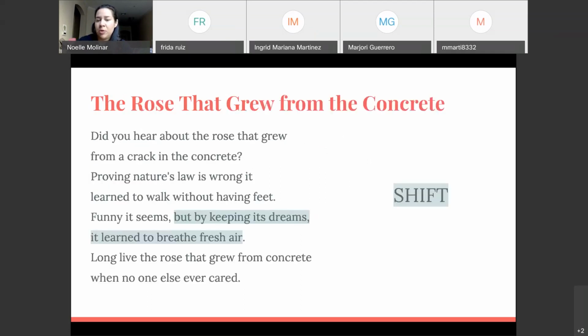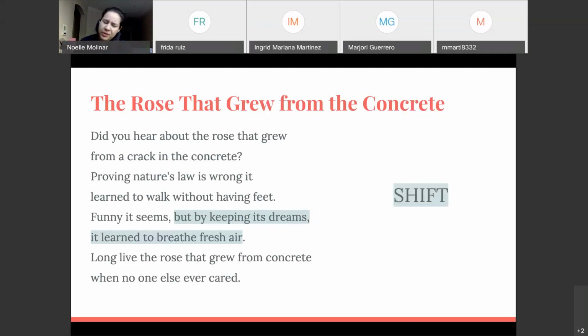And so here in this poem, we do have a shift. It happened by keeping its dreams, it learned to breathe fresh air. So even though this rose is dealing with a very difficult environment, it will continue to grow. So we have that change in attitude.